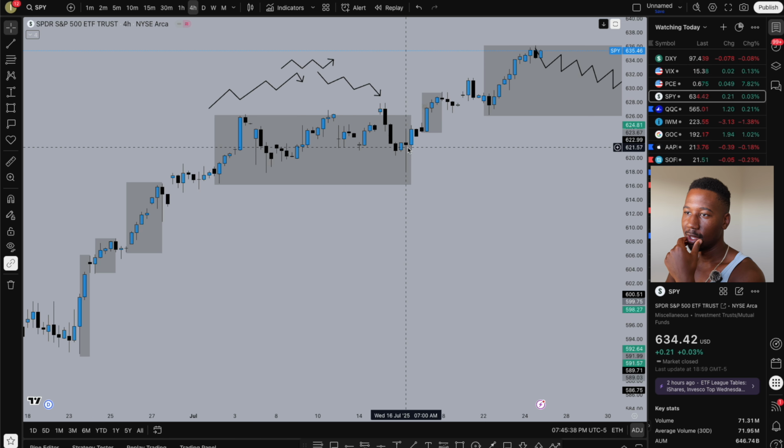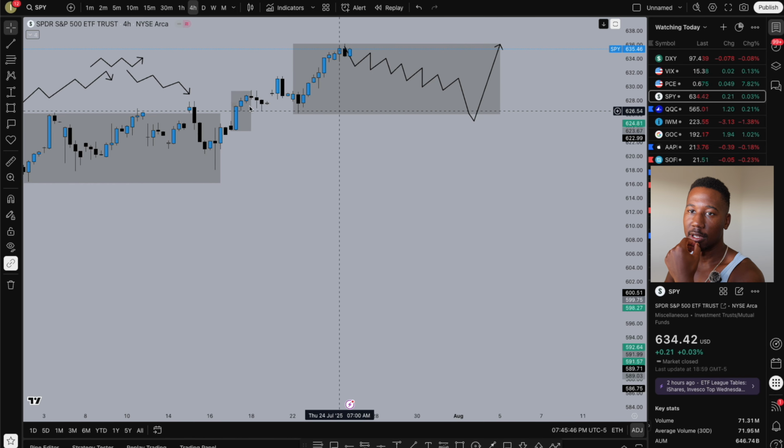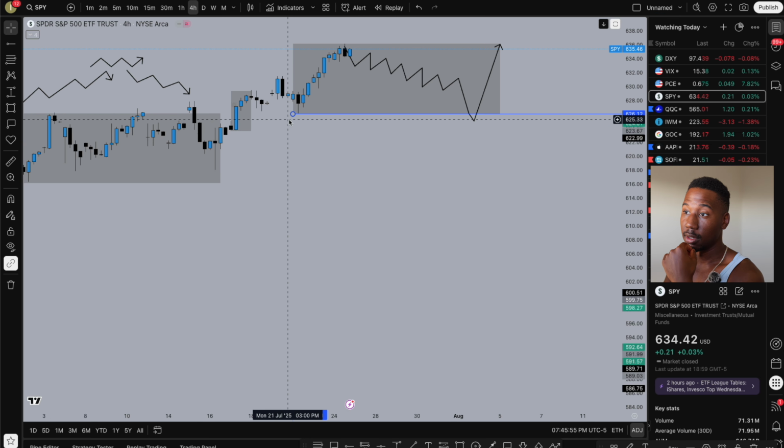And once again, while we are within this, we're still in that same range. So right now, if we are looking at the SPY for tomorrow, just know the probability of SPY going up all the way up to this 626.